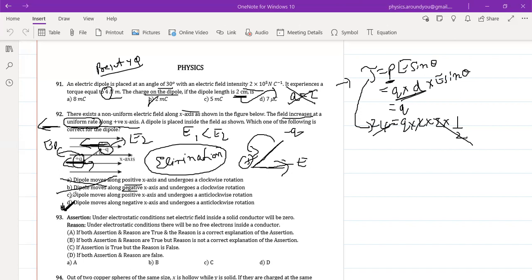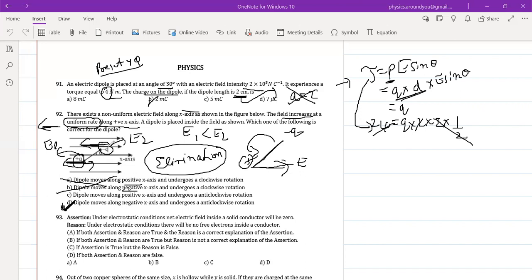Well, you need to see how the field is increasing. The field is increasing in the positive x direction. Therefore, whichever charge experiences the greater field, the net force on a dipole will be in the direction of the force experienced by that charge. For example, here minus q is experiencing greater force.